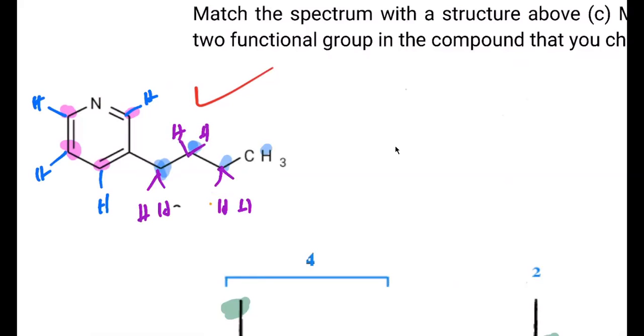So for the number of signals, you can look at the molecule and see that this is gonna give a signal, these will give a signal, this will give a signal, these will give a signal, and then 2 of the 3 on the ring are equivalent. We're gonna come back to the ring part. And then the other two are non-equivalent. That's why you see one signal and then two more signals.